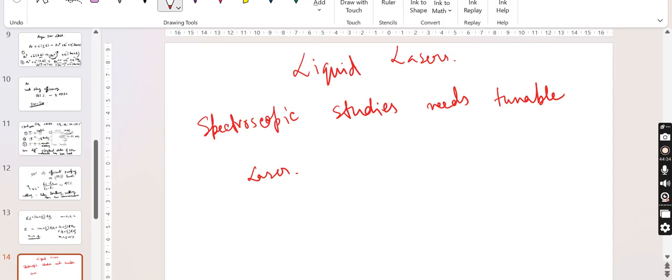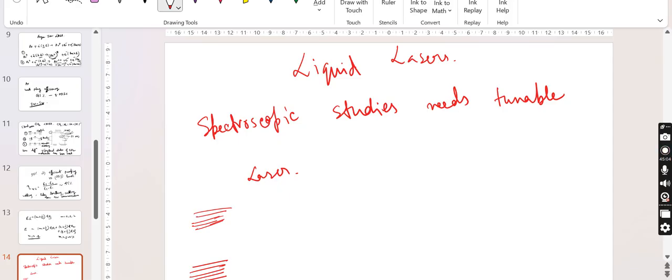So for tunable laser emission, we need a broadband energy level. So all the energy levels, like the upper laser level, need to consist of more than one energy level. The lower lasing level also needs more than one level.